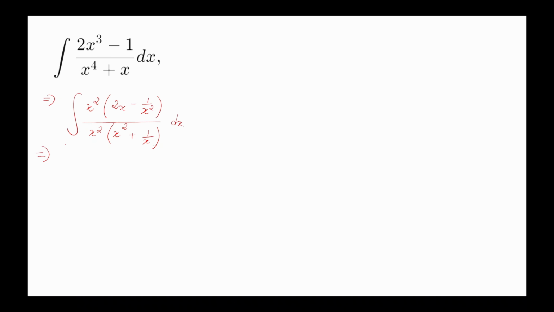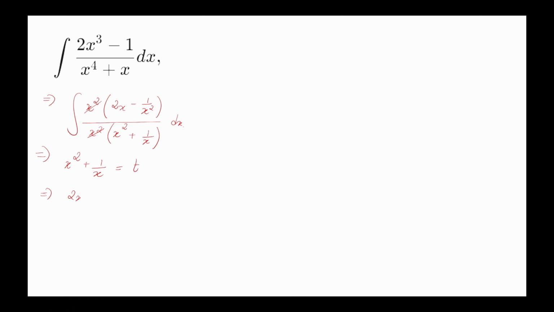So now if I look at this, x square and x square are going to get cancelled out. X square, its differentiation is 2x, which is present above. 1 upon x, its differentiation is minus 1 by x square. It is present above. So from here, I can assume my x square plus 1 by x to be t.